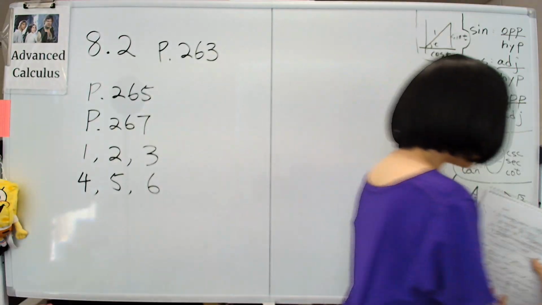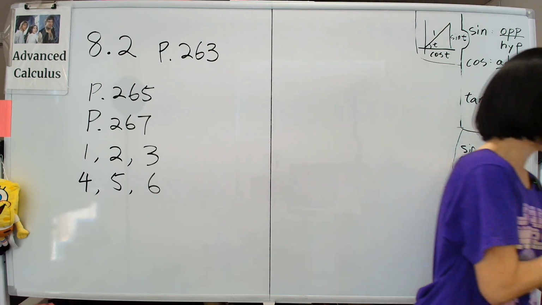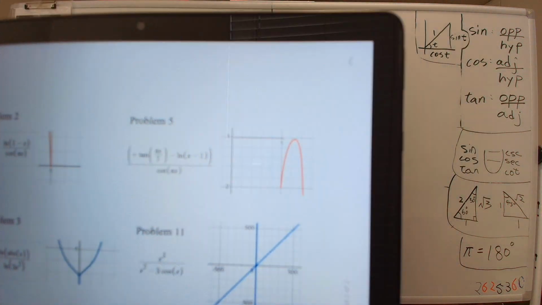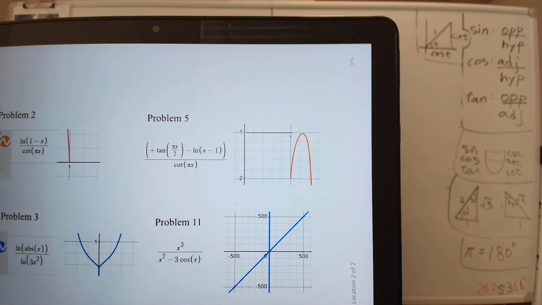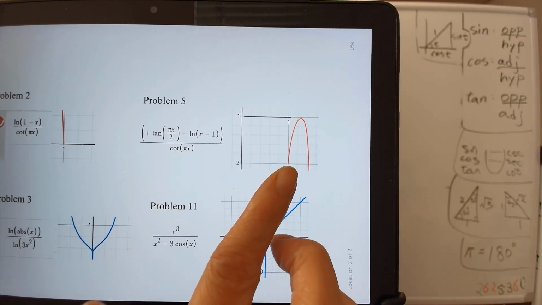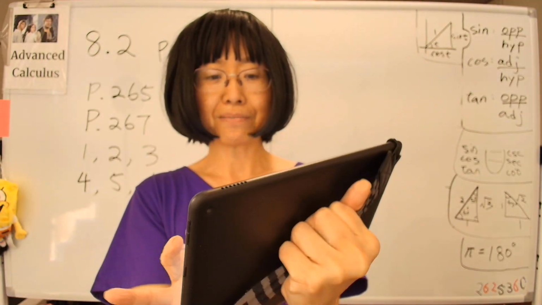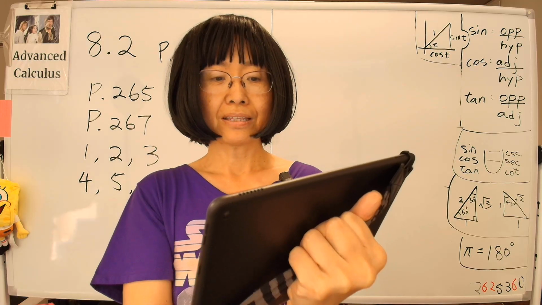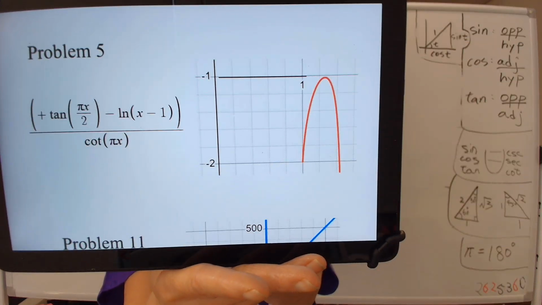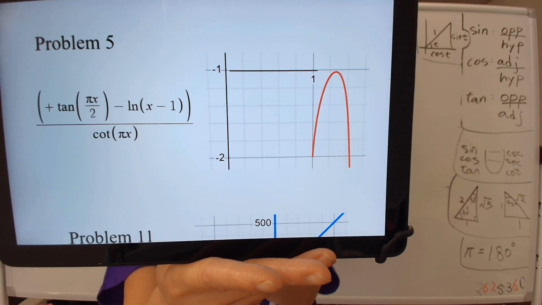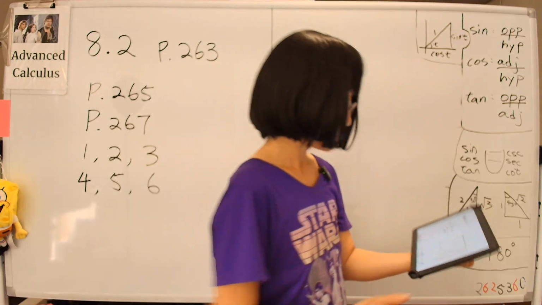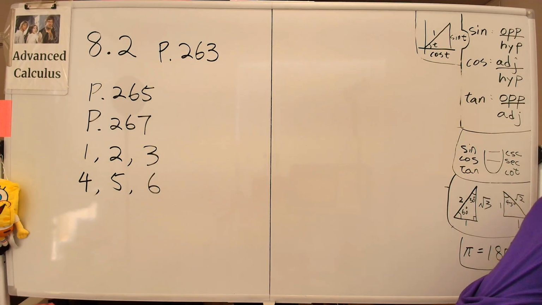And for problem 5, I also graphed it in the calculator. As you can see, when x goes to a positive 1, then the function goes to -2. It says right here. Now maybe I can make it look a little bigger. There. See, the function goes to -2 as x approaches 1 from the positive side. So that is confirmed.